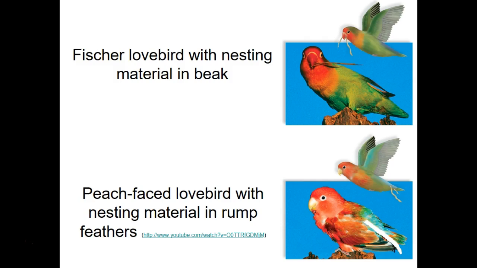If you cross these two birds, the offspring, the hybrid, will try to tuck materials into its rump, but it doesn't do a good job and the materials will fall out. This supports the nature hypothesis that nature influences behaviors.